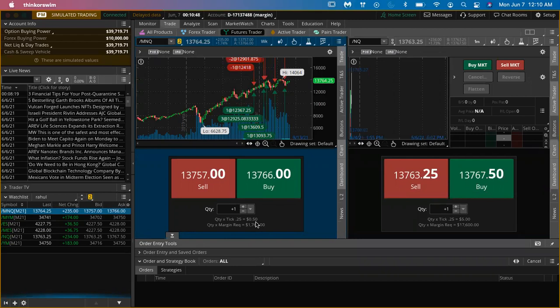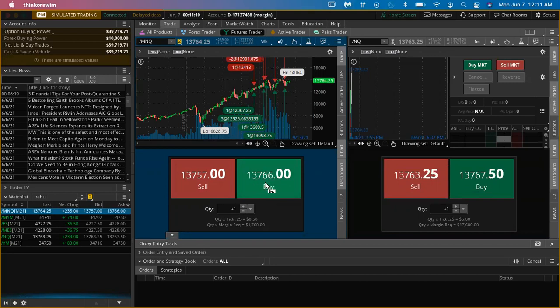So what this means is that on every 0.25 movement on the index, we will get $0.50. That means suppose you bought the index at 13,766, right?